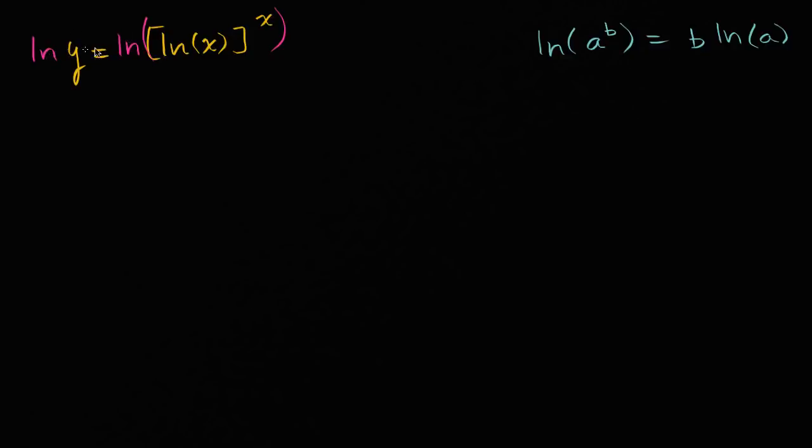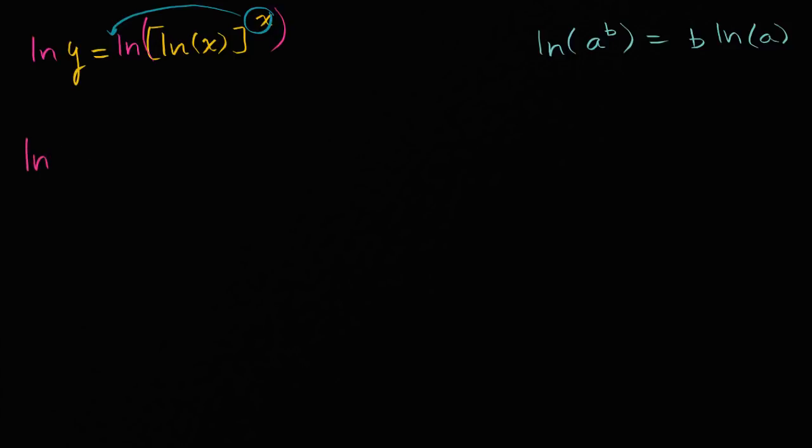By taking the natural log of both sides, this exponent can now come out front and scale the natural log function. So let's rewrite everything.